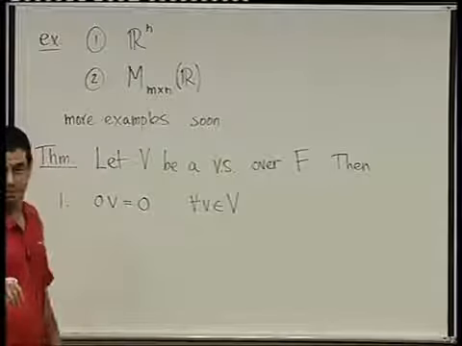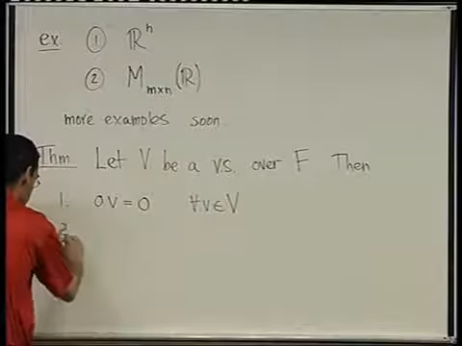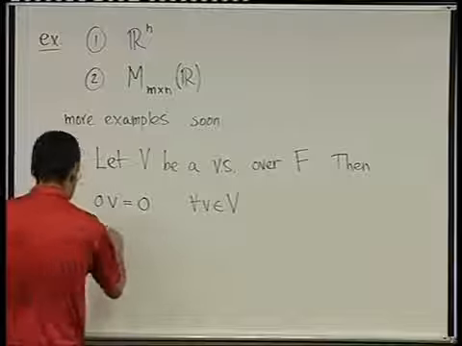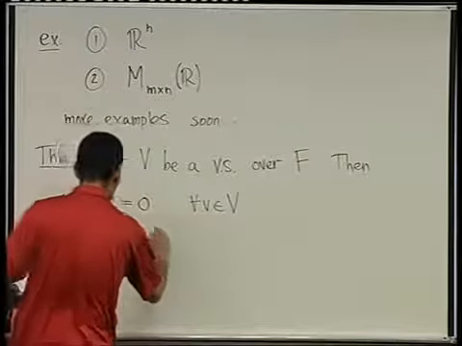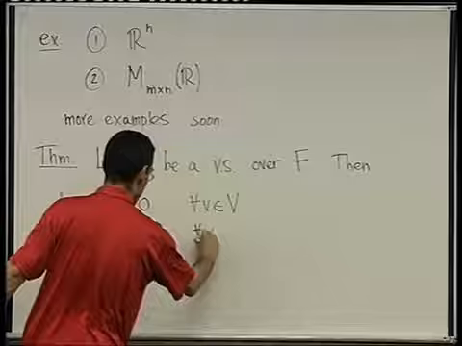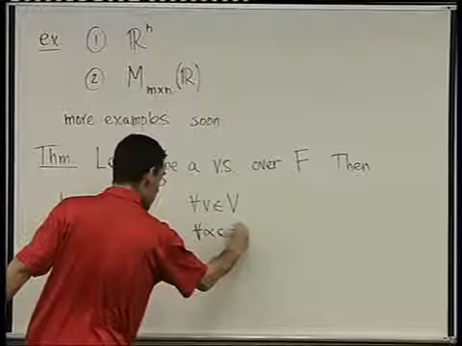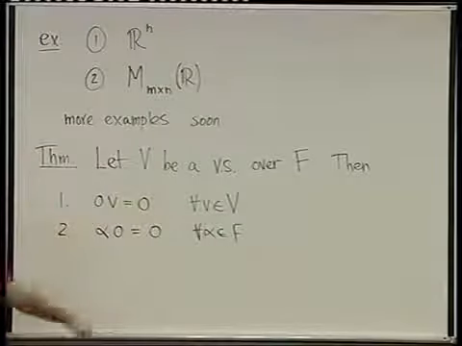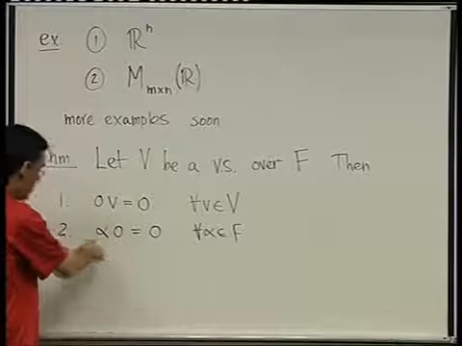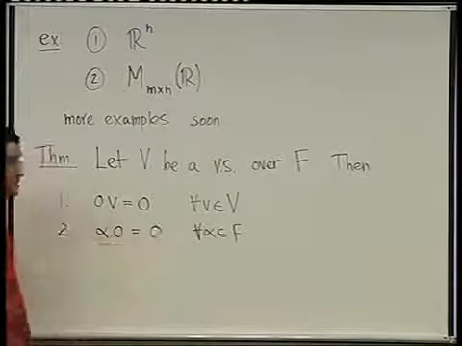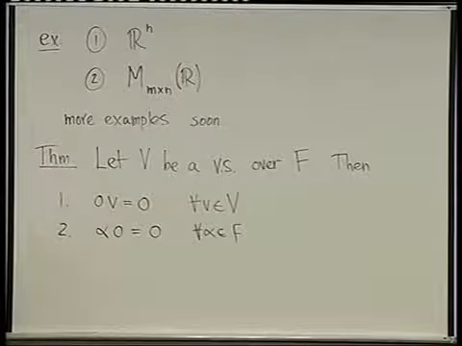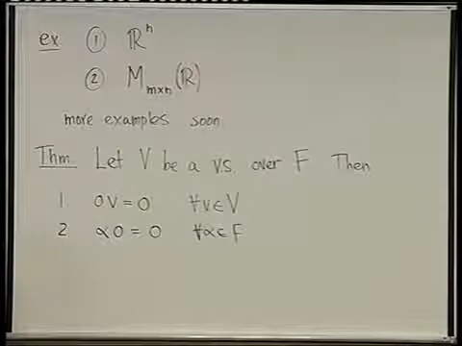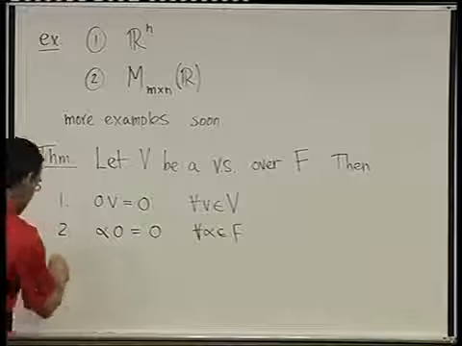Okay, here's another property. Alpha times 0 equals 0 for every alpha in F. If you take the 0 vector, multiplied by whatever, you're going to get the 0 vector back. Okay? Looks very convincing, but that's not a proof. You need to prove it.